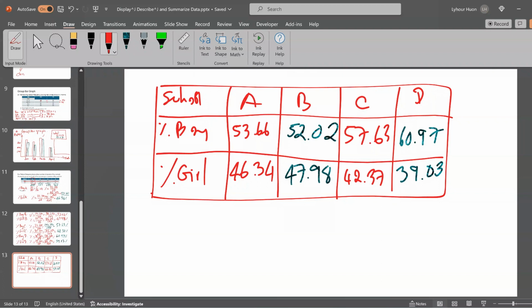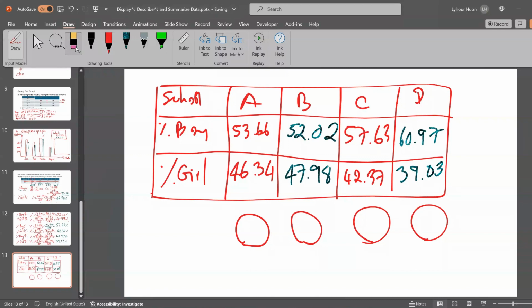Why don't we use the pie chart for this? Because with pie charts, this is one pie chart, this is one pie chart, this is one pie chart, meaning that it's not collective, they are different. It's not in one data.